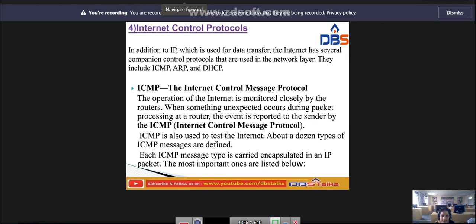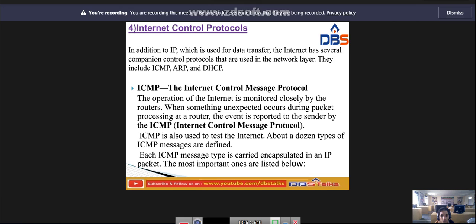Next, coming to internet control protocols. What is meant by internet control protocols? In addition to IP, which is used for data transfer, the internet has several companion control protocols that are used in the network layer.